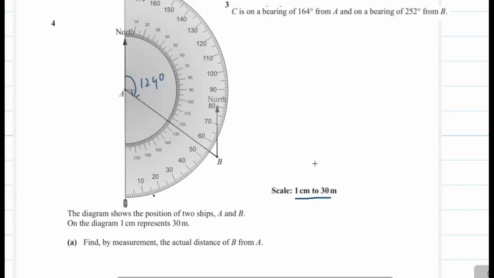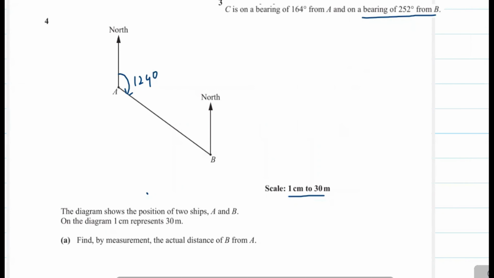Now next, you see here the bearing of 252 degree from B. Firstly, we join this point to A. Now we join the line from A to that point of 164 degree. And this is the line, and this is the 164 degree.